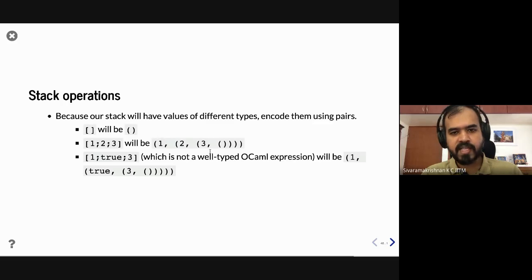Enclosed this way. So everything is a pair, just a pair. So the value is a pair with 1 as the first component and a pair as the second component, where 2 is the first element of the pair, right? And the second component is going to be a pair, where 3 is the first component of the pair, and the second component is going to be a unit, right?